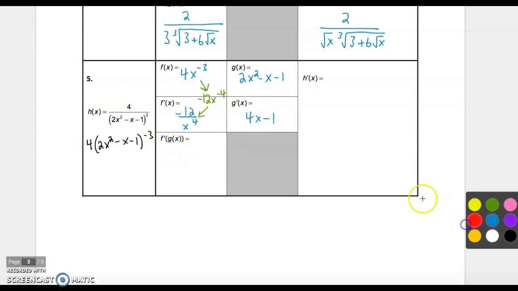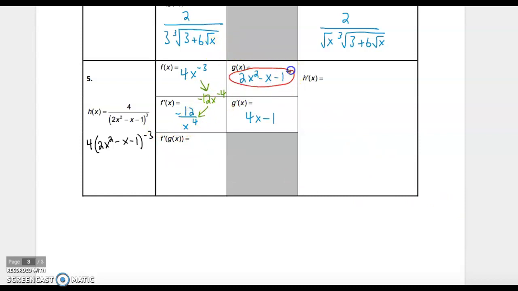And then we do the derivative of the outside. We keep our inside function the same. And then we'll finish off our chain rule. So we get negative 12 over all that stuff, 2x squared minus x minus 1 to the fourth power.